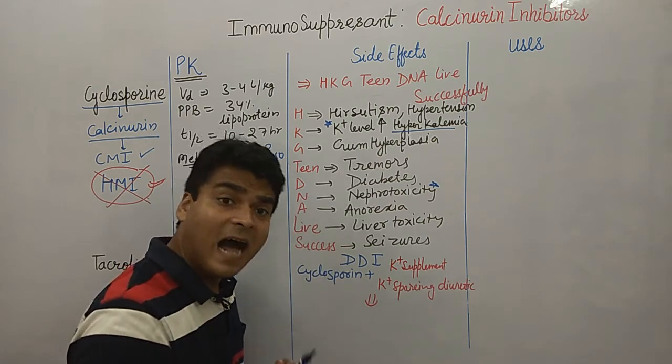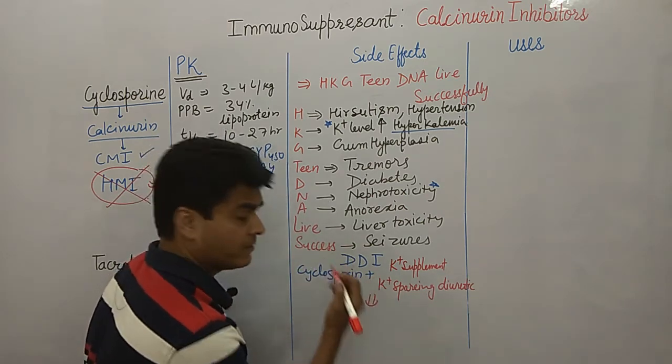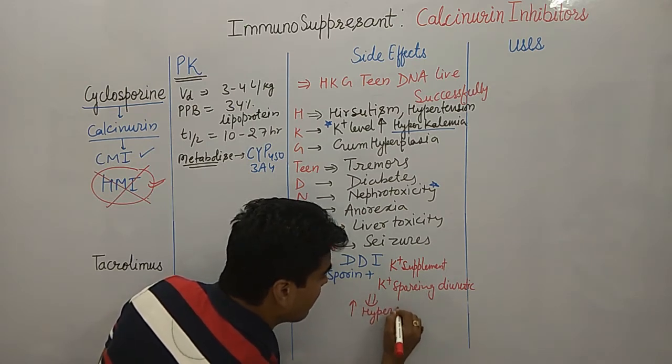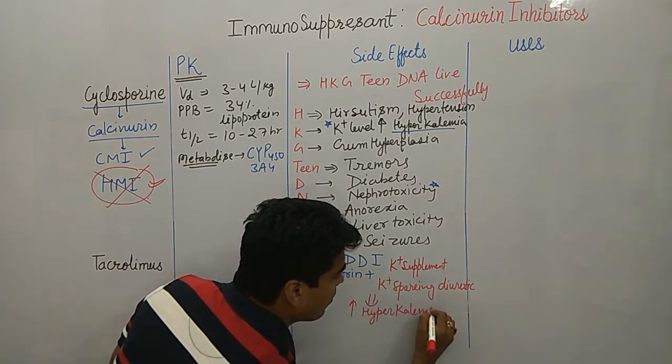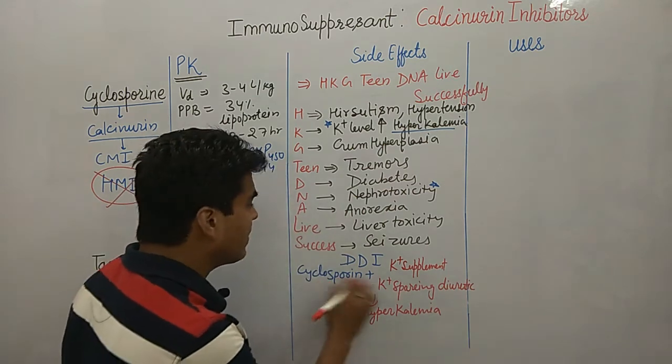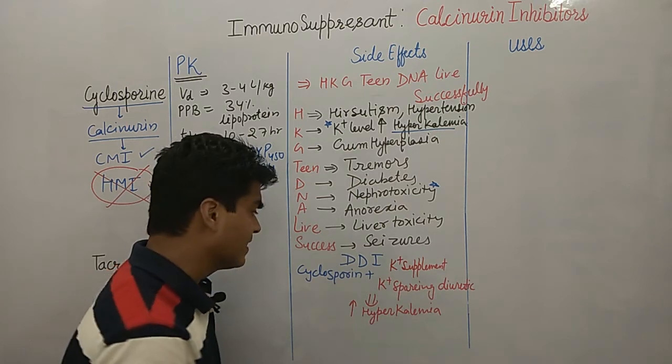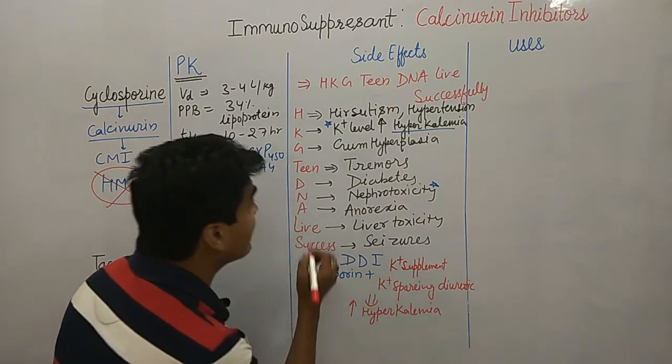It can produce a high amount of potassium, so it can increase hyperkalemia. That's why a potassium supplement and cyclosporin cannot be mixed with each other.